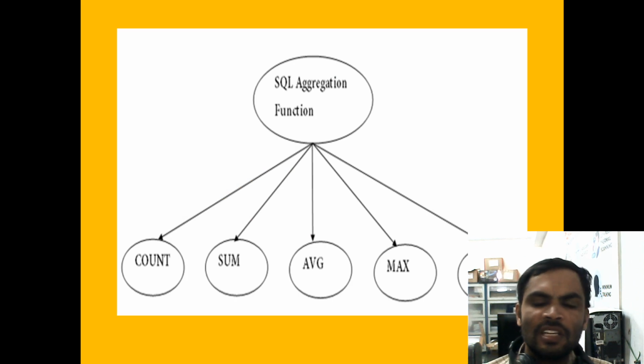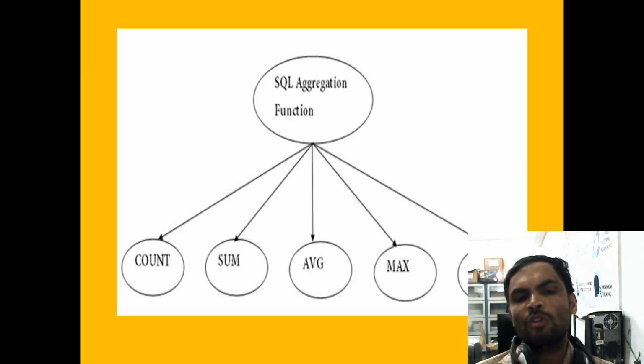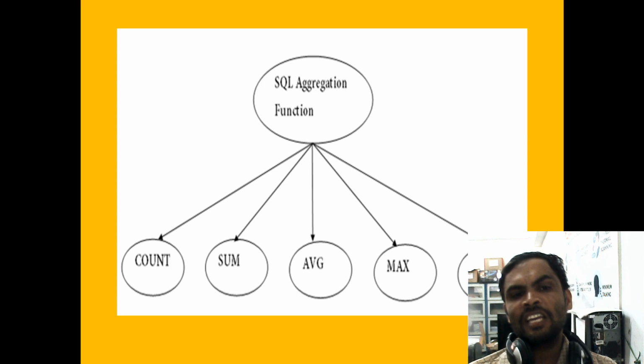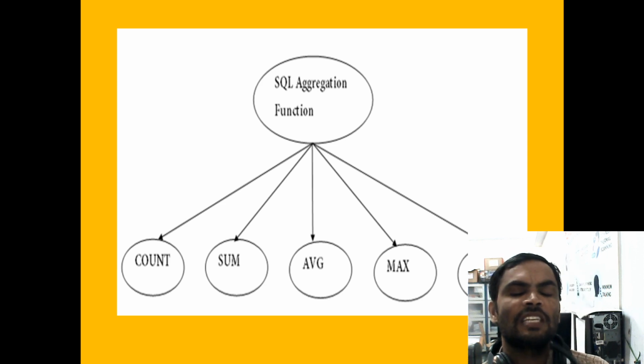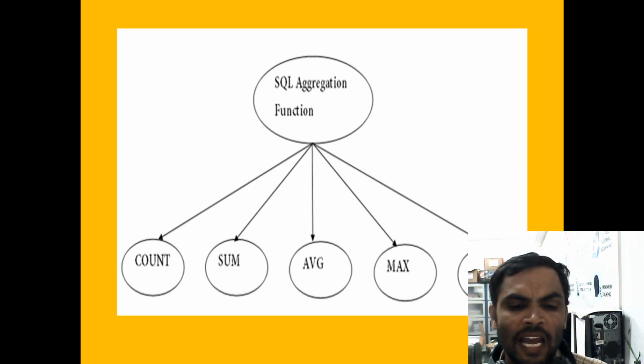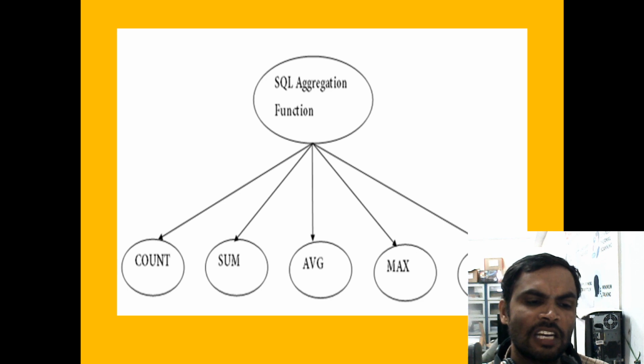Next we are going to the aggregation functions or group functions. Aggregate functions and group functions are the same thing. Aggregate functions group the data together and return only a single value. Under the aggregate functions we have the count function, sum function, average function, maximum function and minimum function.